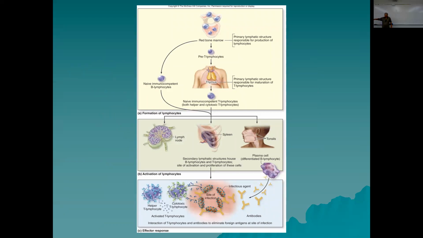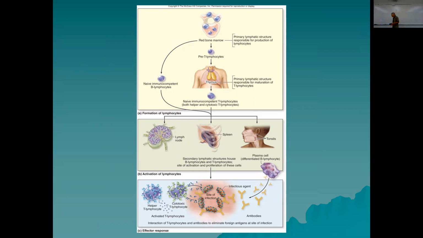So here, the top part is the formation of lymphocytes, then the activation of lymphocytes, and then the effector response of lymphocytes. In the top one, we have B cells being made in the bone marrow and maturing in the bone marrow. So think of B as bone marrow. Then we have T lymphocytes being made in the bone marrow, traveling to the thymus, maturing in the thymus, and T stands for thymus.